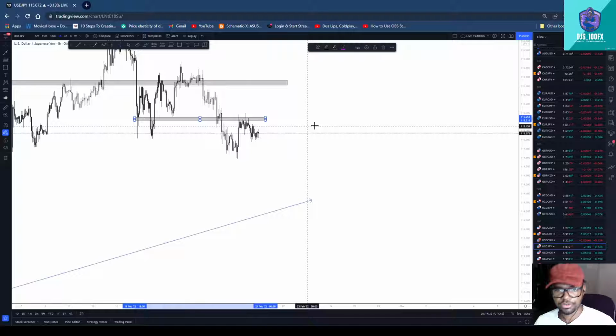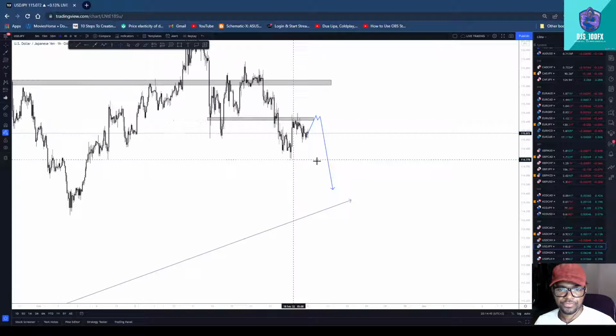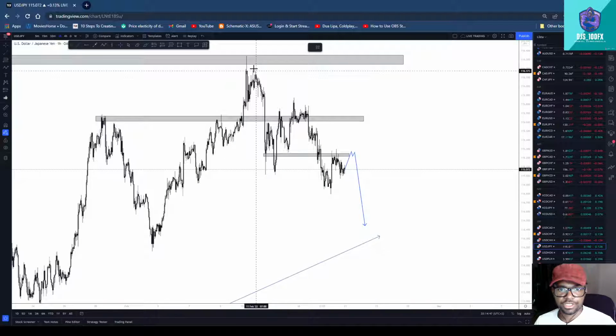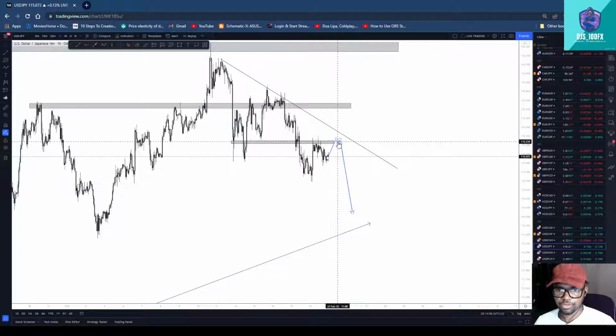So if price comes again and retests this level with some weak rejection, then I'll look to take this trade to the downside. If that doesn't happen, I'll be looking to take the buy, but only after the trend breaks, because price is really trending up. Don't want to always go against the trend, but this could have been a good sell.